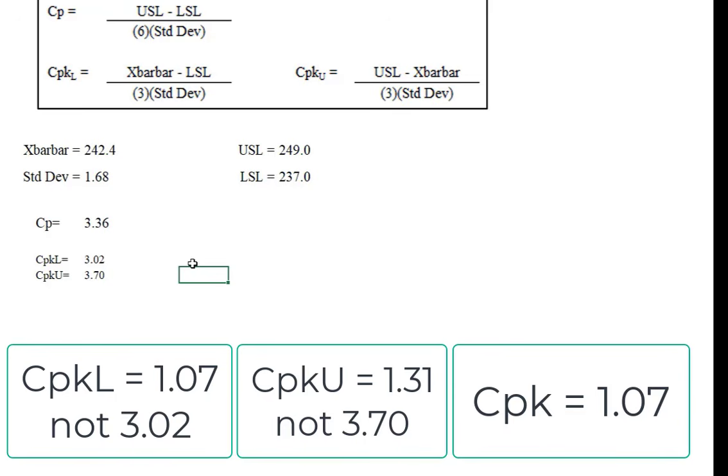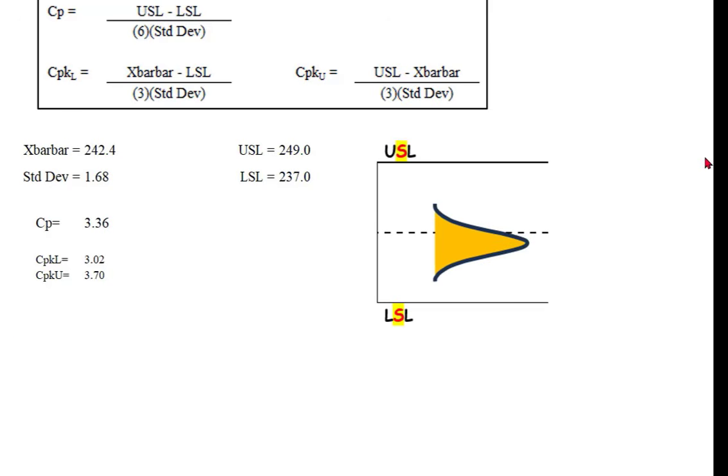You always use the lower of the 2 numbers. On this diagram, I'll explain the why of it. Let's just say the upper spec limit here, lower spec limit is here, and this is actually our process based on these 2 numbers. Now, it's not quite right, but for illustrative purposes, it's good enough.